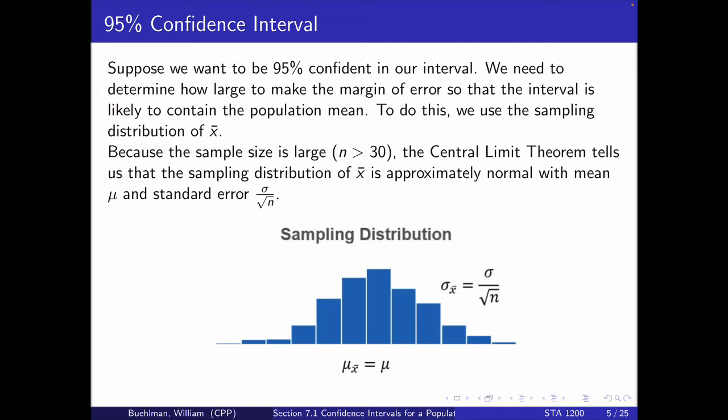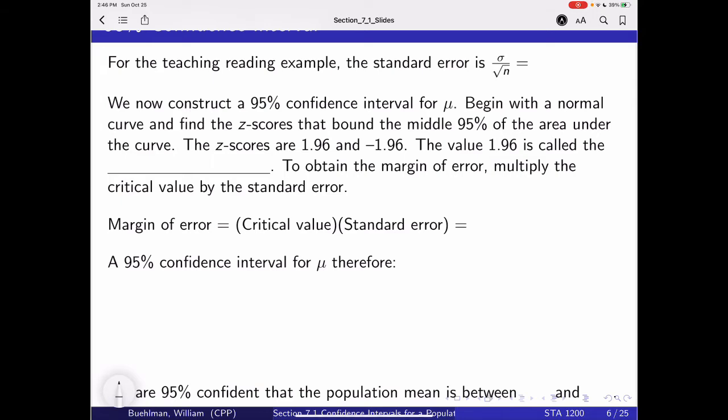So here would be a sketch of the sampling distribution. For the teaching example from earlier, the standard error, which is sigma over the square root of n, would be 15 over the square root of 100, which is equal to 1.5.